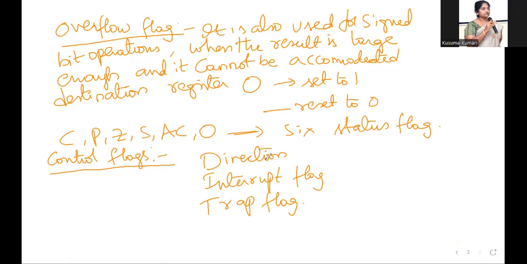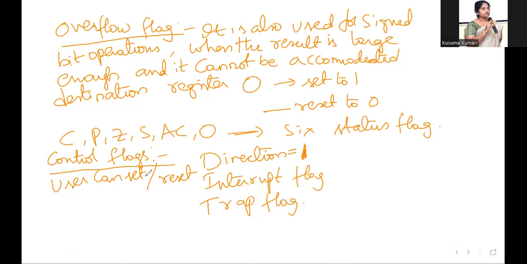Direction flag means, suppose the direction flag is equal to 1. These are the control flags, in the sense the user can set or reset these flags. If the user sets the direction flag to 1, then one type of operation can be performed.